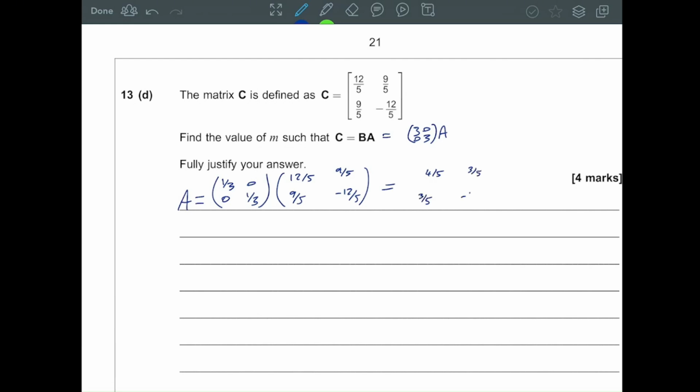3/5, negative 4/5. And now I'm debating whether I want to do this in trig or if I want to do this in m's. Trig might be simpler, because then we're just solving that equals cos 2 theta, that is sine 2 theta.